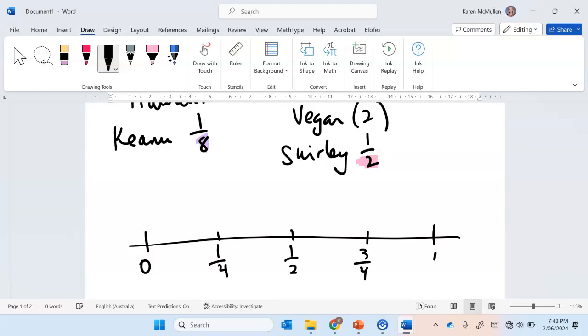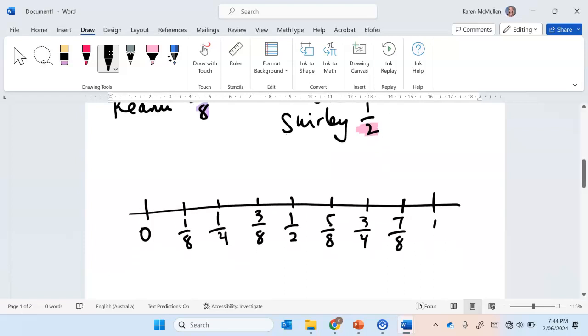Now, half of a quarter is 1/8. And this is going to be 3/8, then 4/8, 5/8, and 7/8. So that's a way of doing a number line, and you can see all the numerators are different.